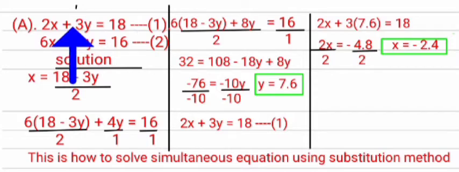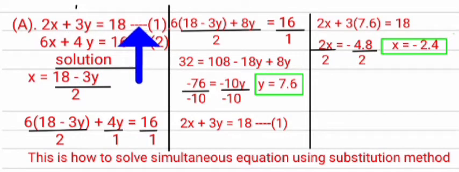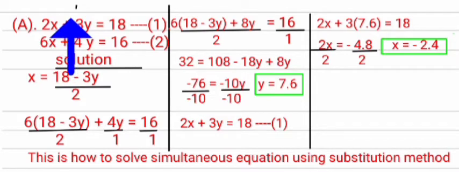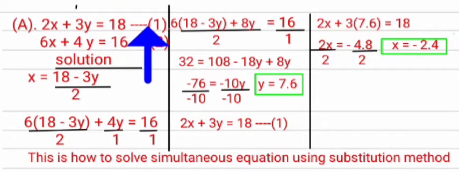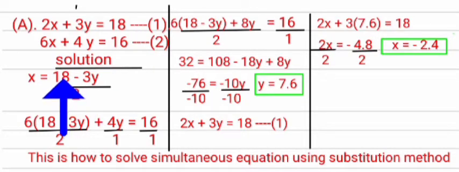That is, 3y goes to the other side of the equal sign, and when that happens, the sign that 3y is carrying will change to the opposite. Here 3y is carrying positive, so when it crosses to this side it changes to negative 3y, as you can see here. So we have 18 minus 3y.